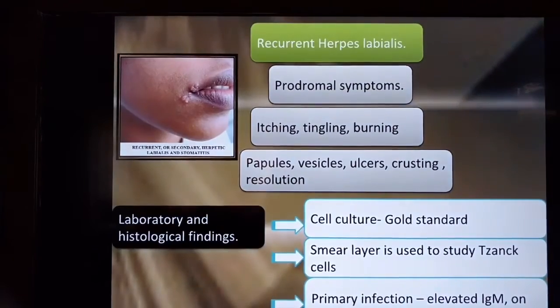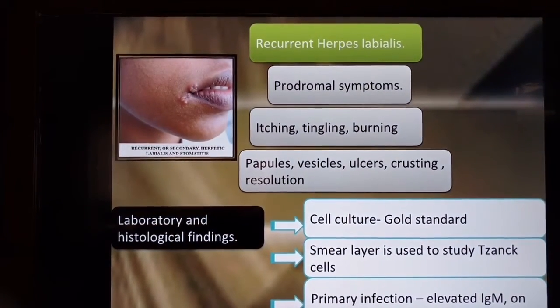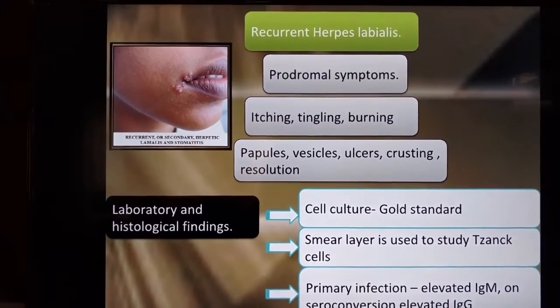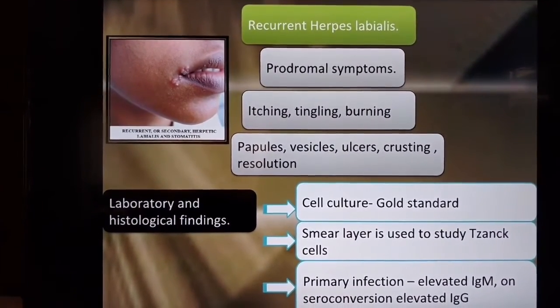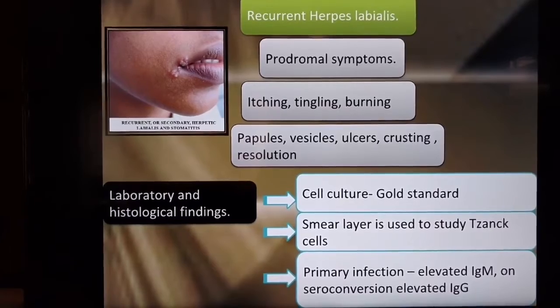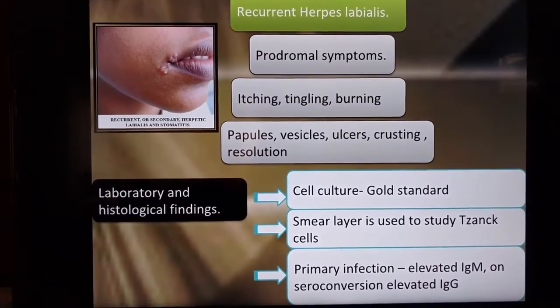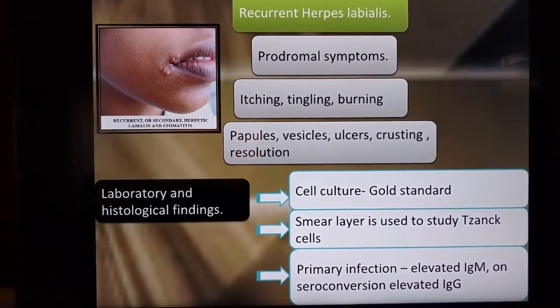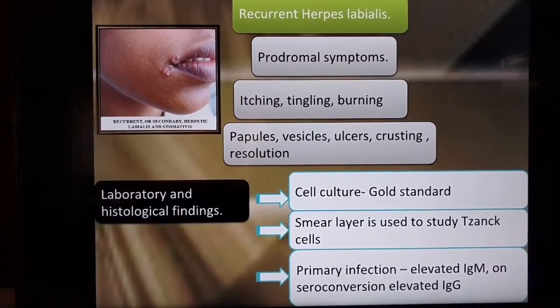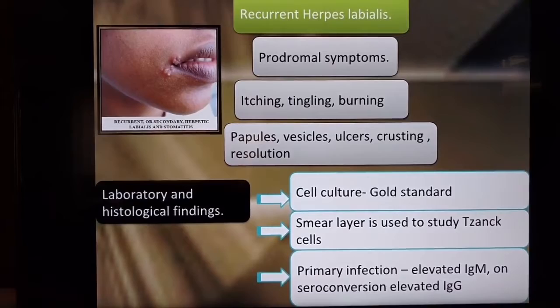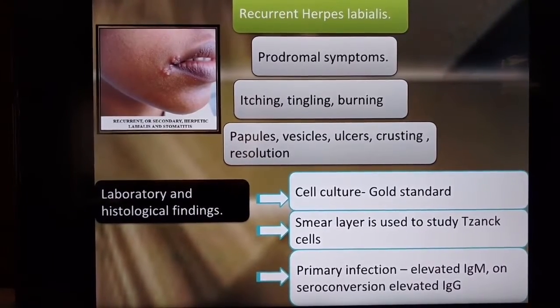Similar smear studies can be done for Tzanck cells. You might be aware that Tzanck cells are large cells which have a larger nucleus, and you will find intranuclear eosinophilic bodies in the Tzanck cells, which are characteristic of viral infection.